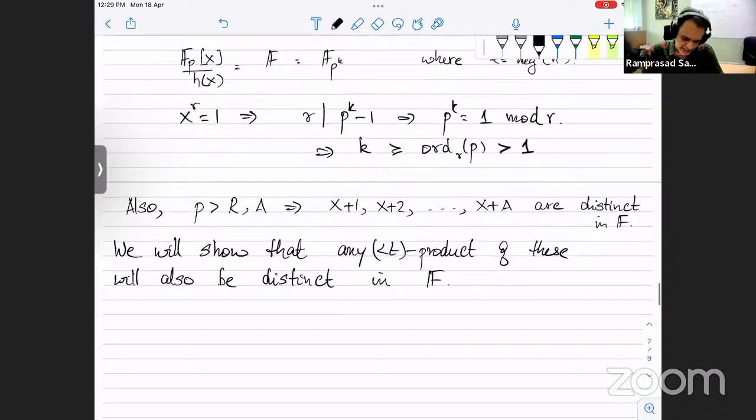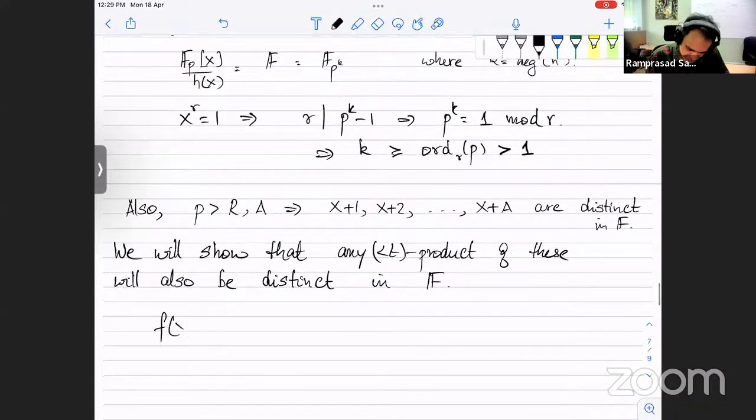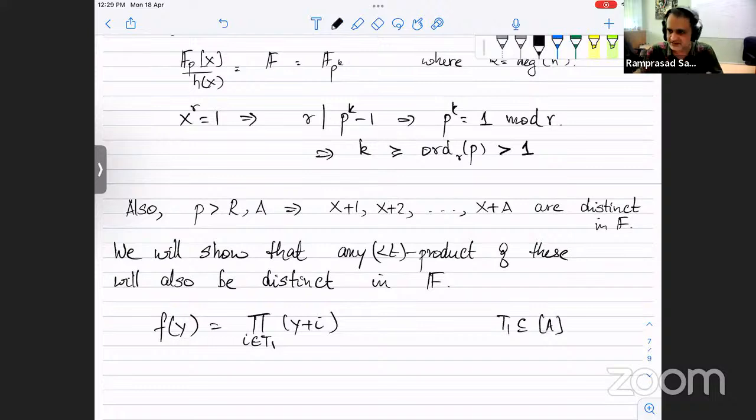Now why is that? Let's just say that f(y) is one such product, the product of y plus i over i in some set T1, where T1 is some subset of these factors, and the size of T1 is less than t.